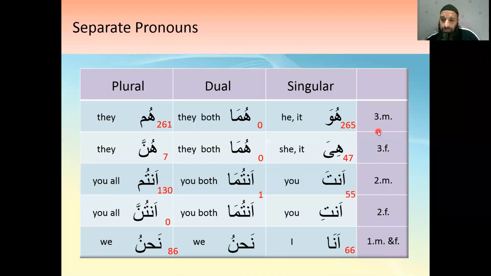Inshallah. Okay, so I'm going to explain this table. In this table, you have a 3M and 3F. This means third person masculine and third person feminine. Third person means that the one you're referring to is not here. He's somewhere there. He's in the other room, or he's outside, or he's in Pakistan, or he's in Australia. He's not here. So third person masculine, look, he, they, them both, they. They're not present. They're not in front of you. And then the 2M and the 2F is second person male and second person female.